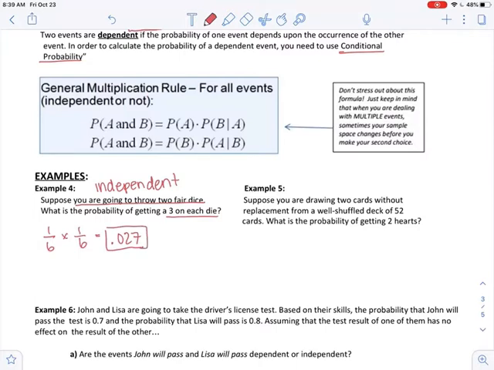Now, for example 5, we say, suppose you are drawing 2 cards without replacement from a well-shuffled deck of 52 cards. What is the probability of getting 2 hearts? So again, remember with a deck of cards, it's 52 cards. And so we're looking at getting 2 hearts.